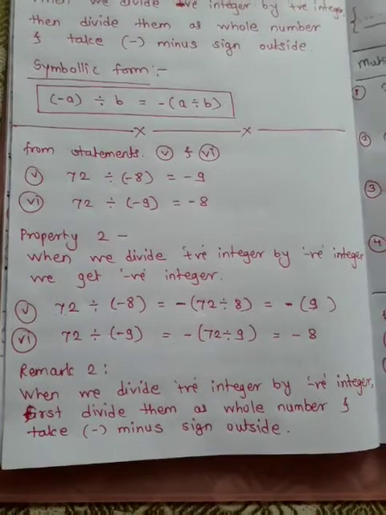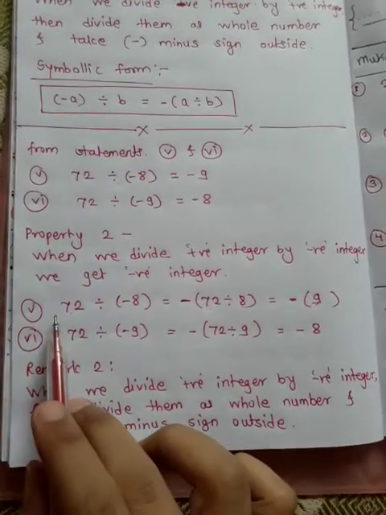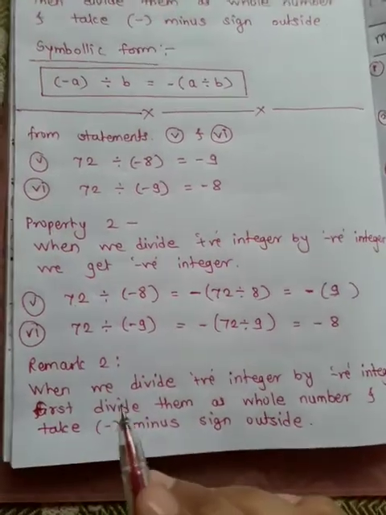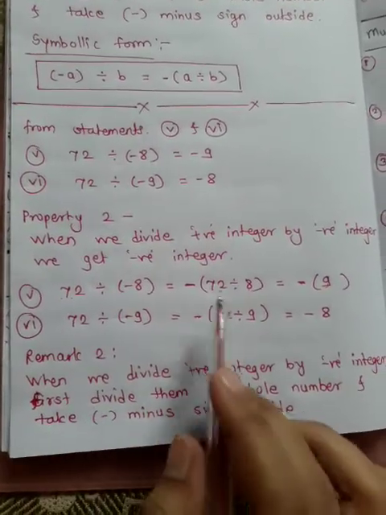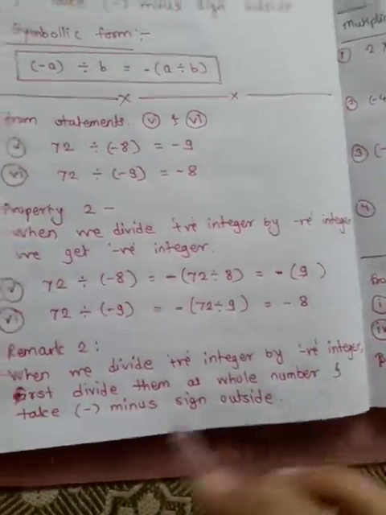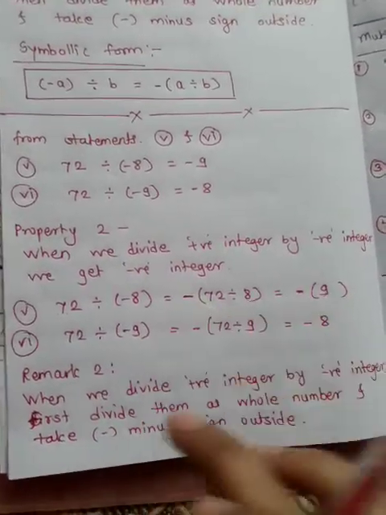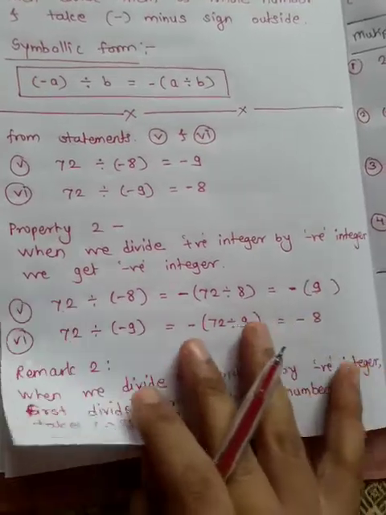What is remark 2? When we divide a positive integer by a negative integer, first divide them as whole numbers and take the minus sign outside. So by these two statements we get remark 2, and you can write this in symbolic form.